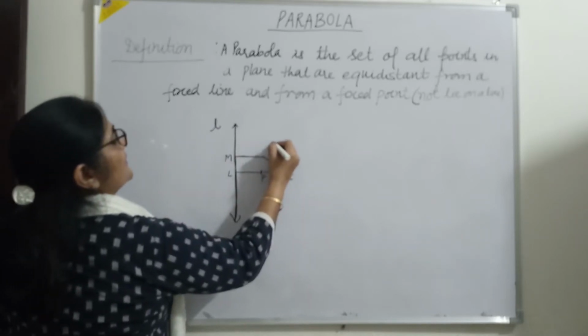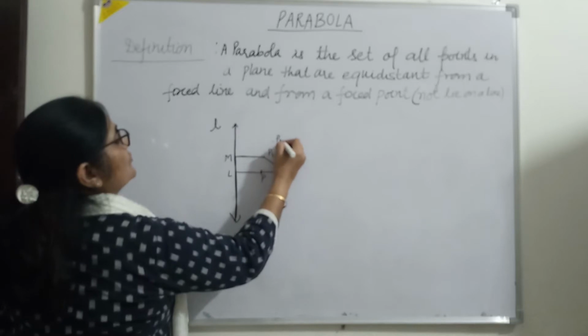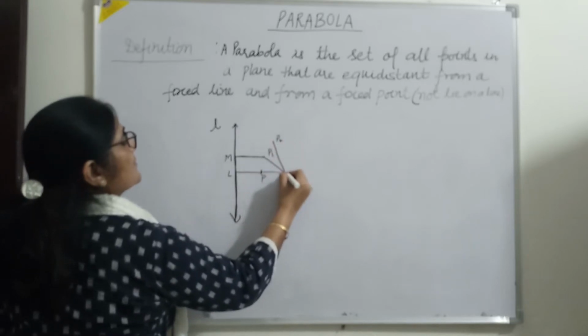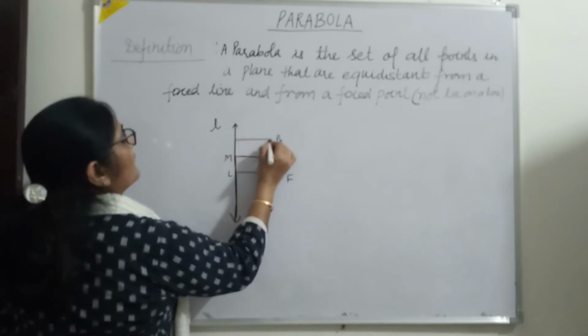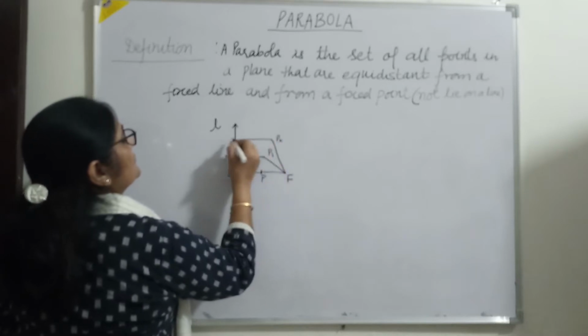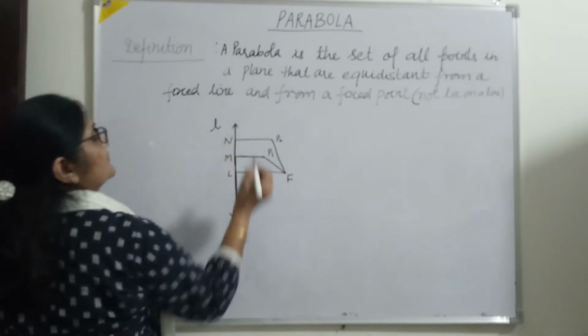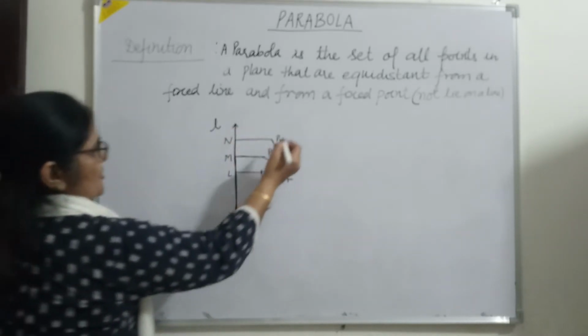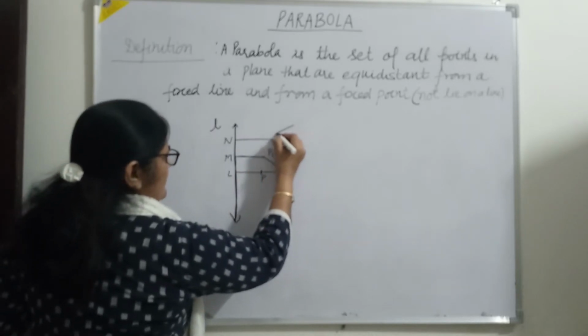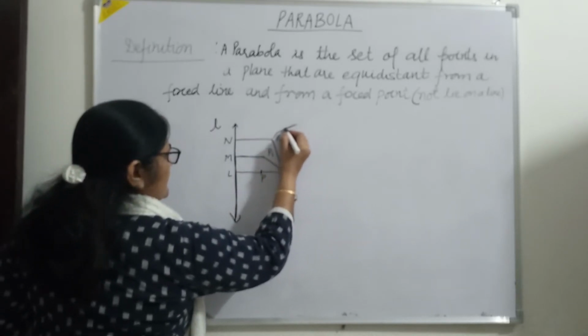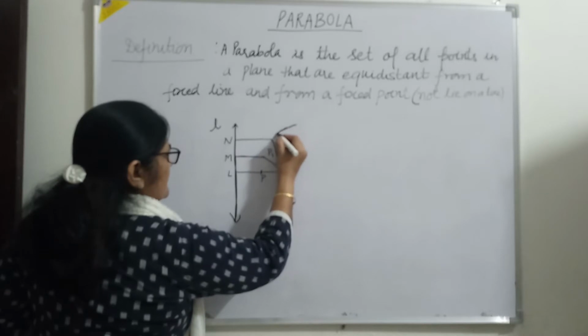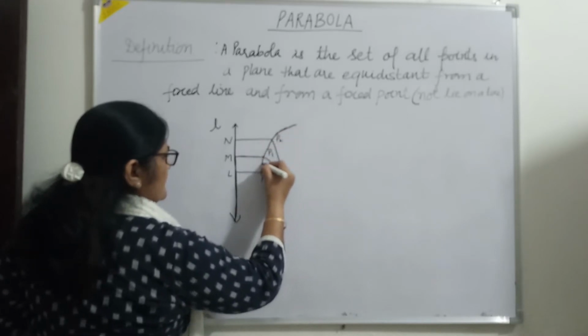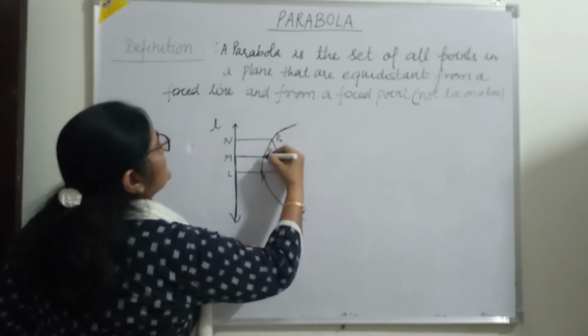There may be other points, let P2F be equal to P2N. So the shape of the parabola is like that.